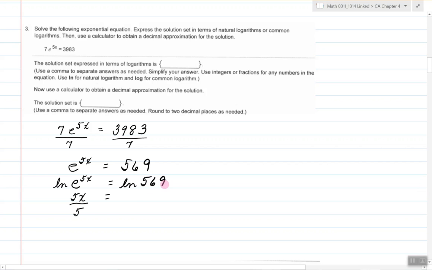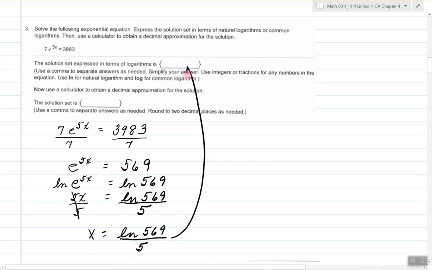I apologize for that. So it is the natural log of 569 divided by 5. x is the natural log of 569 all over 5. This is your first answer. Your second answer will be the approximation of that.